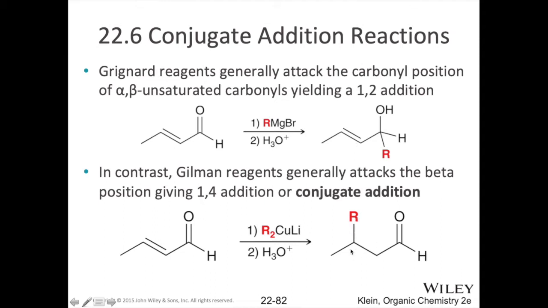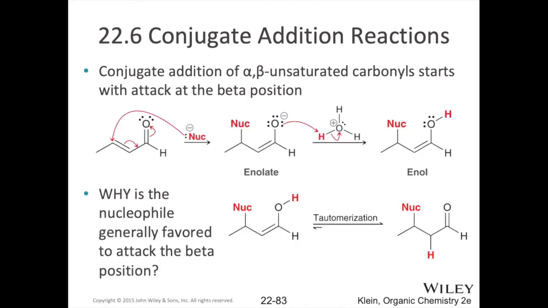Or you want to try and do this 1,4 addition where we've got a carbonyl and then 2 carbons away we've got an alkyl group. Again, keep in mind that the difference there is whether you use a Grignard reagent or a Gilman reagent. So your Gilman reagent will form that 1,4 addition product. So you have that nucleophile essentially adding on to that beta position.